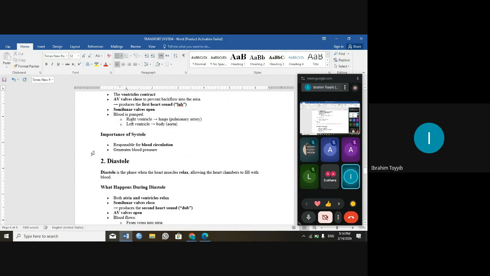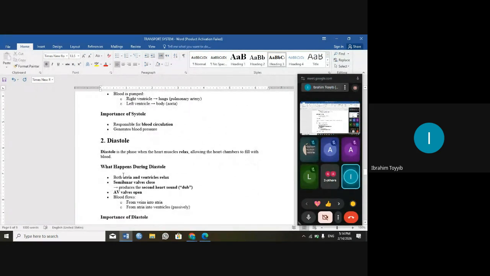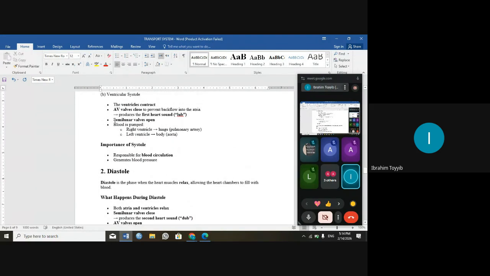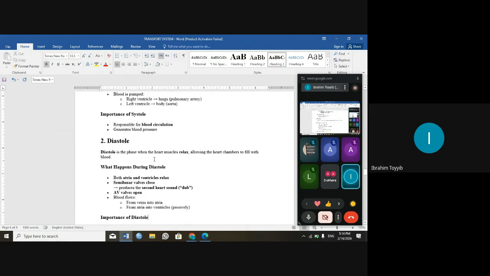So when diastole happens, the heart chamber will be filled with blood. So this is what happens during diastole. Both atria and ventricles relax, the semilunar valve closes, and when the semilunar valve closes, it will produce the sound dub. You can see here that the semilunar valve opens in systole, but in diastole, the semilunar valve will what?